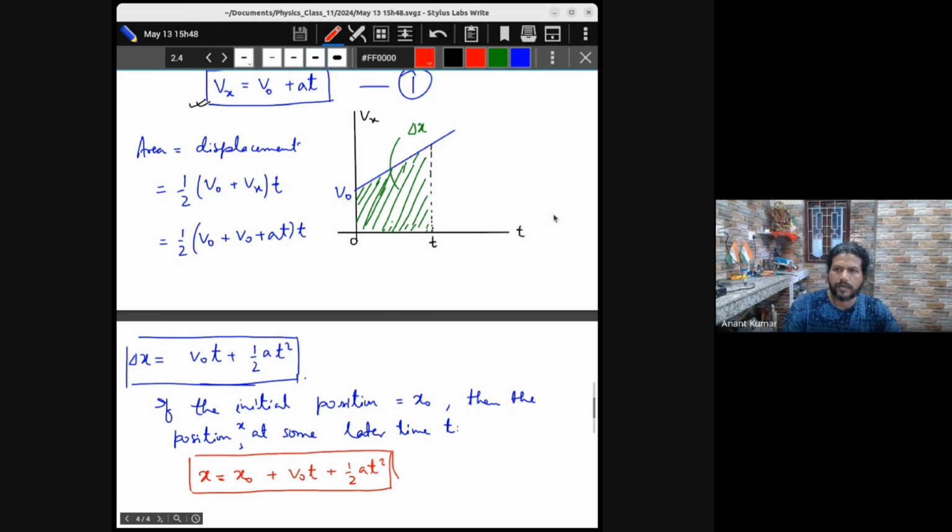There. This becomes therefore the position of an object whenever it travels with a uniform acceleration.